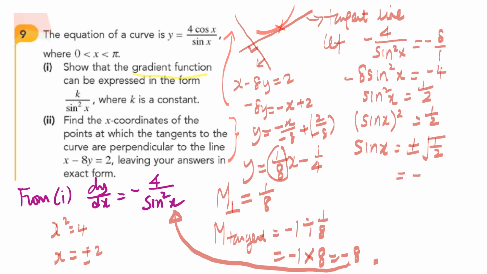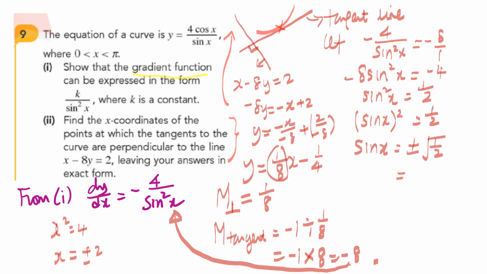In this question, it actually involves a few chapters. It involves coordinate geometry, because you need to know that the gradient of a perpendicular line times your gradient of the tangent line gives you negative 1. The gradient of the normal line times the gradient of the tangent line, because normal and tangent line are perpendicular to each other, gives you negative 1.